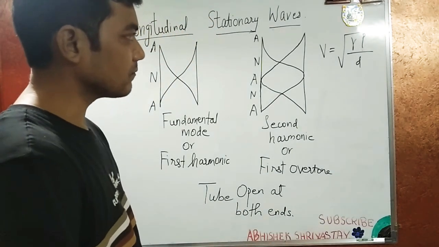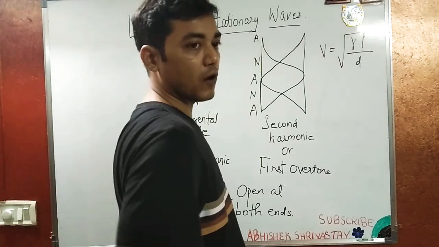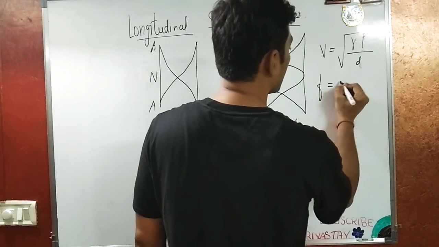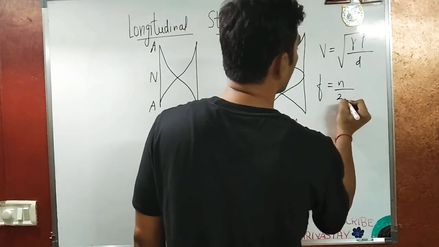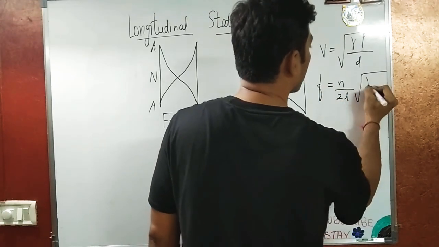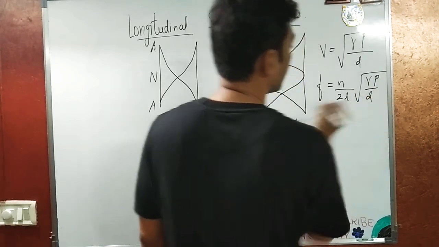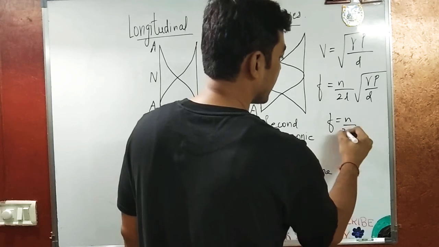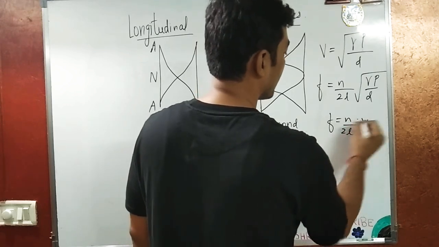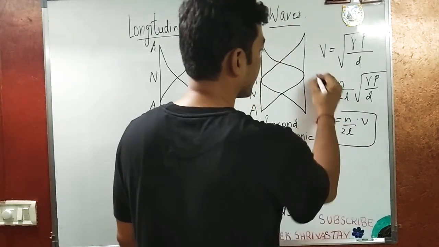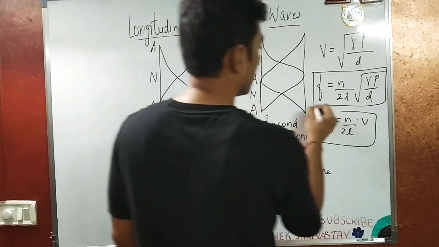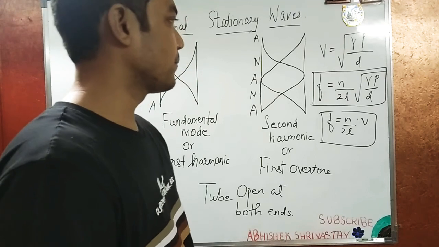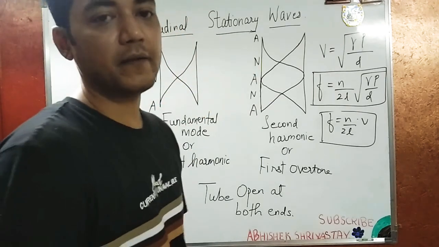Now again, what will be the formula for frequency? It will be F equal to N by 2L under root gamma P by D, or we can also write this as F equal to N by 2L into V. So this is the formula for frequency of longitudinal stationary waves.